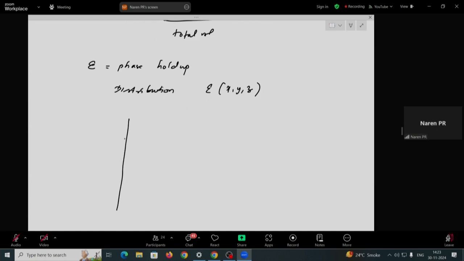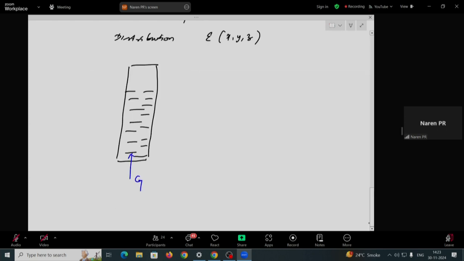Suppose you have a column, let's say a bubble column, filled with liquid, and in that, suppose you sparge gas, it may form bubbles. Remember, what I'm drawing now in blue is not the actual shape. I'm just figuratively representing a gas phase.